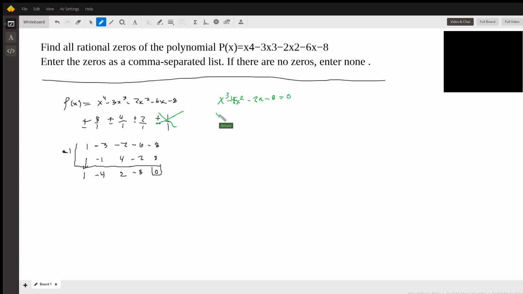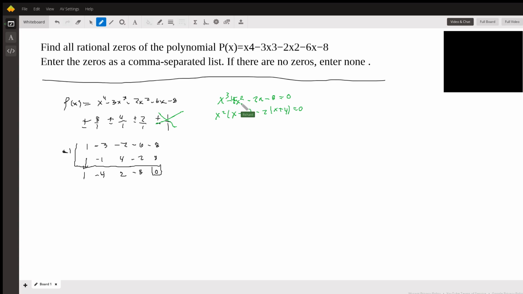So we're going to take out x squared, and that's going to give me x minus 4 here, minus 2 times x plus 4. So it doesn't factor. We just missed it by a hair.